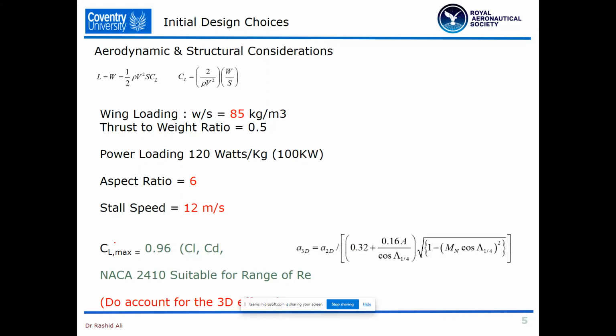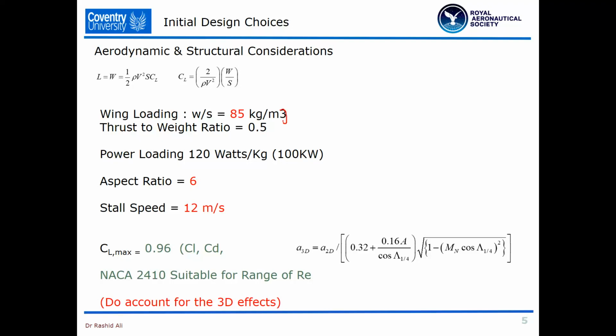Where do we start? The first thing is I need to determine what my wing loading is. Based on competitor analysis, I chose a wing loading of 85 kilograms per meter squared, not cube, squared. There's a typo there, it's not a cube, it's a square.